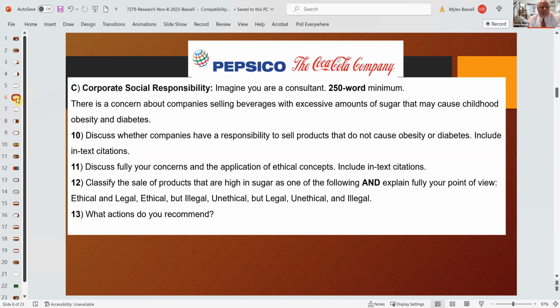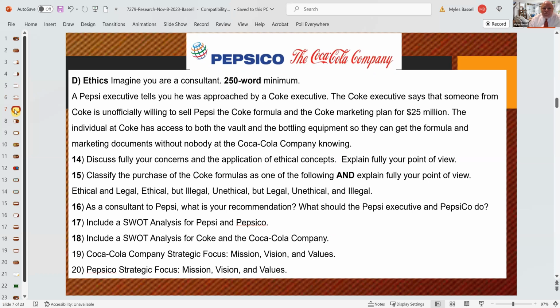Part of the cause célèbre is it's childhood obesity and diabetes. So give that some thought. This is part of your report. And again, for this section, you could find some articles to support your perspective.